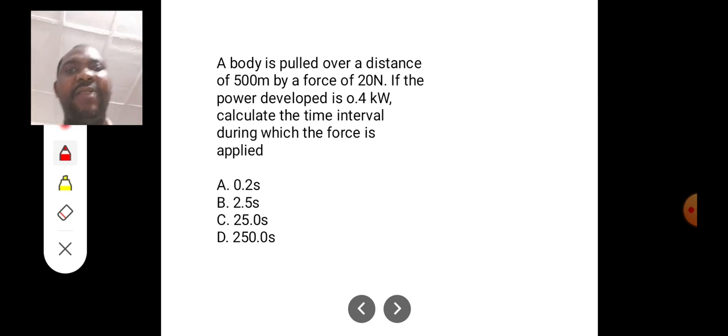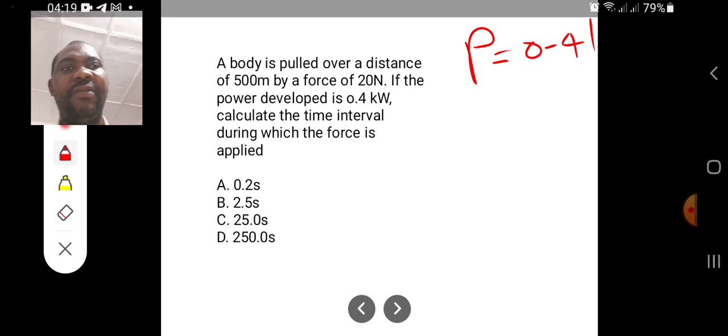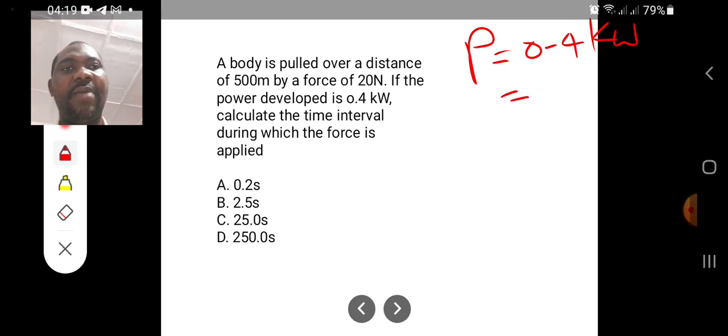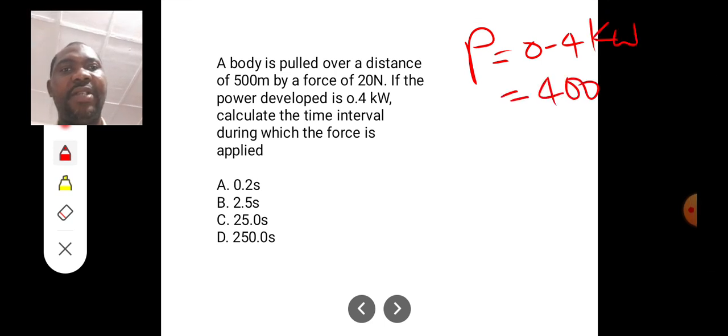If the power developed is 0.4 kilowatts, calculate the time interval during which the force is applied. Since power is work done over time, we are given power to be 0.4 kilowatts, and 0.4 kilowatts multiplied by 1000 means 400 watts.